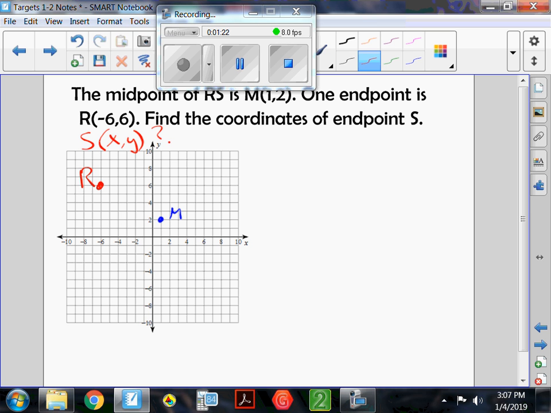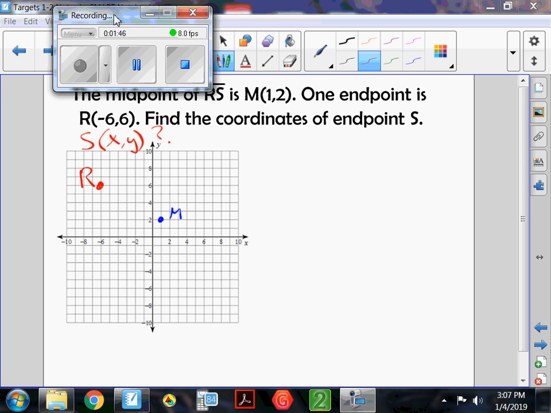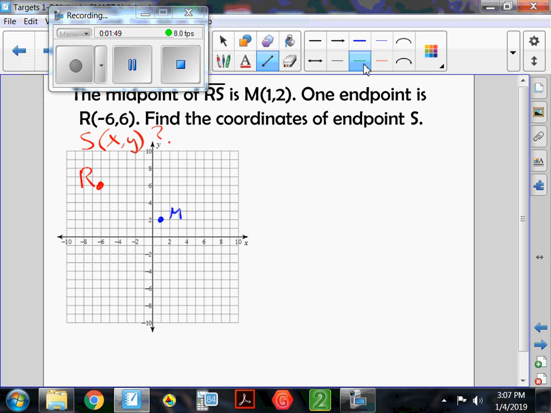The idea is I'm trying to figure out where I could draw this line and stop somewhere over here to get the other endpoint. By looking at it on a graph, I can calculate the distance using slope, which is something that we've done in the past. We've counted slope using our horizontal and vertical components.